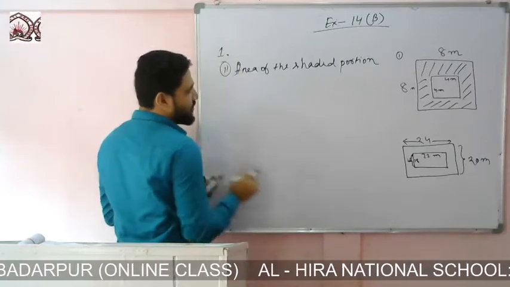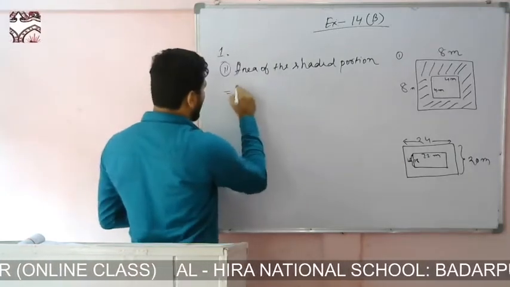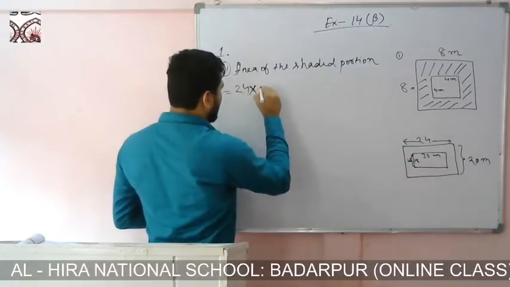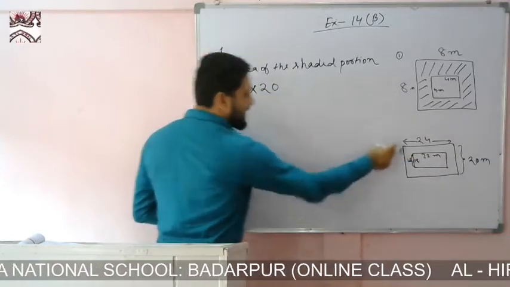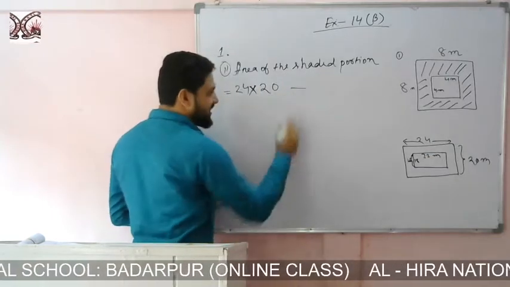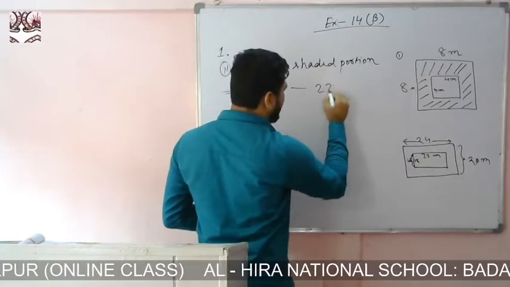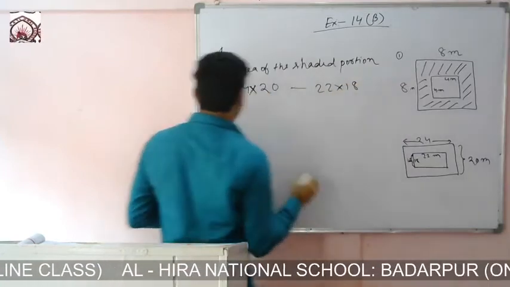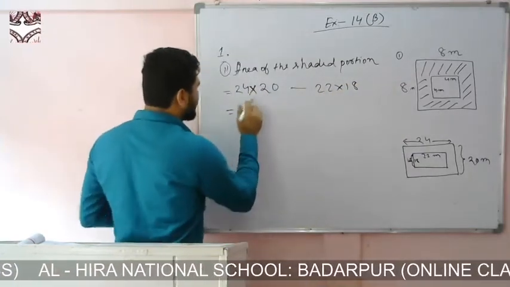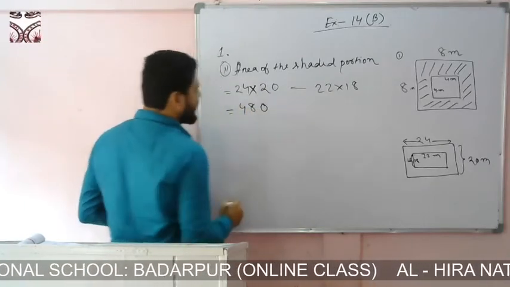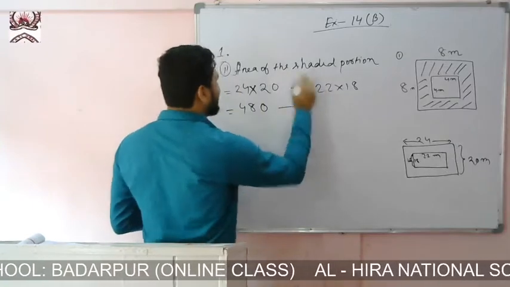Area of the shaded portion will be what? 24 into 20, length into breadth, that means this is a rectangle, so length into breadth minus this small rectangle, length into breadth, 22 into 18. Now multiply, 2 4s are 8, 2 2s are 4, 480.